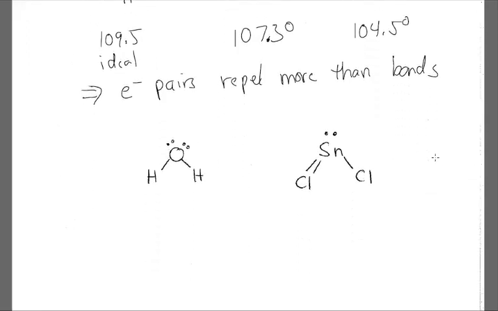Okay, now let's compare, those were tetrahedral. Let's look at the two different kinds of bent, because we said there were two kinds of bent shapes, one of which resulted from a tetrahedral electron geometry with 4 electron groups around oxygen. One resulted from a trigonal planar electron geometry with 3 groups. So we have 3 groups here, and here we have 4 groups, and yet both result in a bent molecular shape.